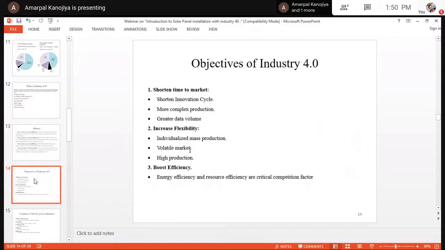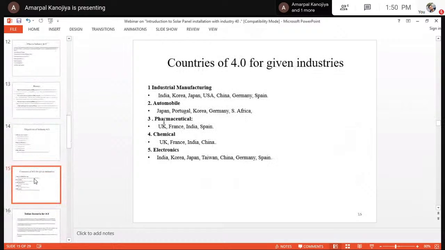Now, there are some countries which have adapted their manufacturing for Industry 4.0. For industrial manufacturing, that is India, Korea, Japan, USA, China, Germany, and Spain. They follow Industry 4.0 norms for increasing their industrial manufacturing.